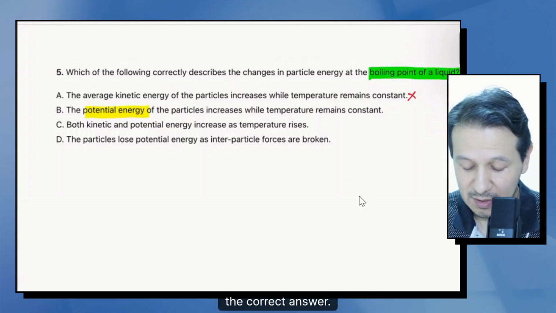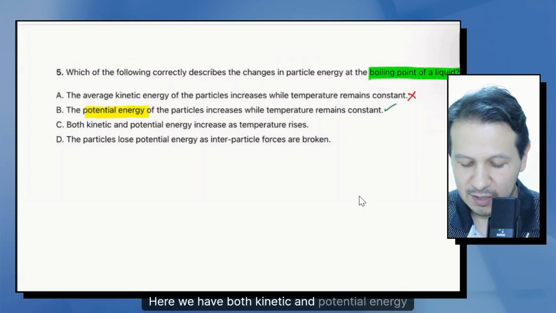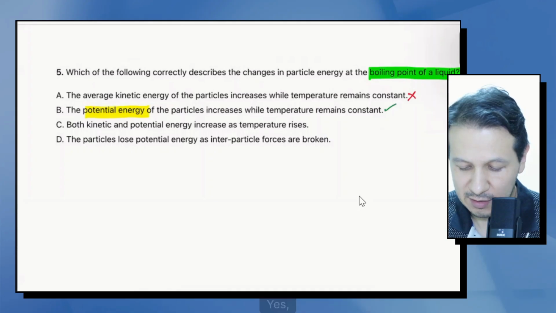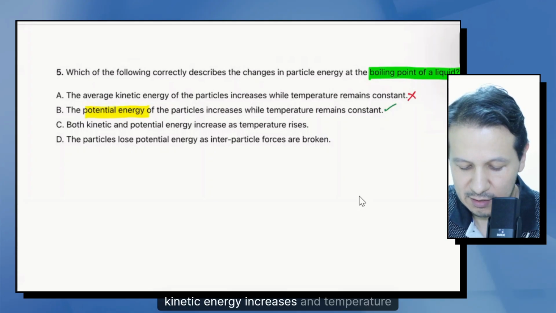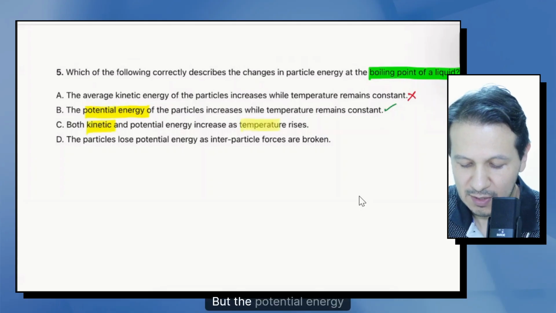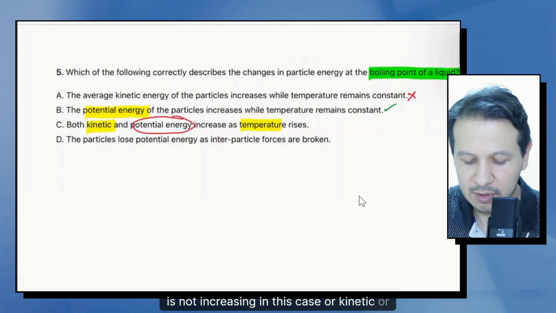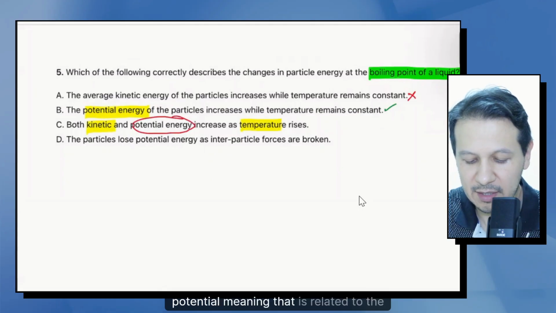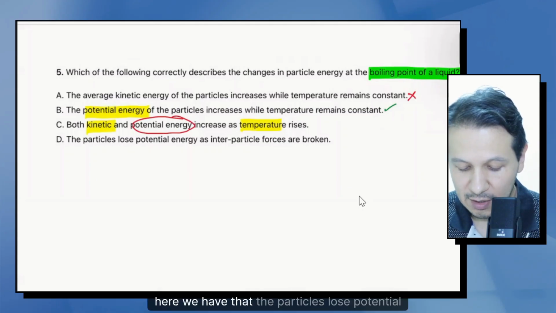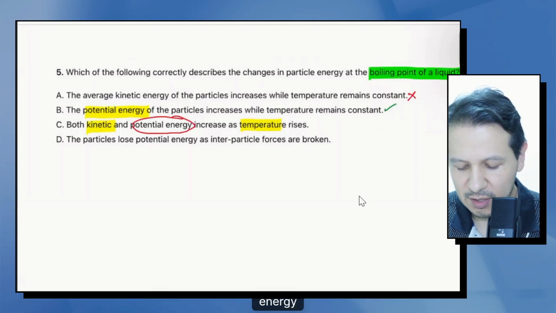Here we have both kinetic and potential energy increase as temperature increases. Yes, kinetic energy increases and temperature increases, but the potential energy is not increasing in this case. And here we have that the particles lose potential energy as interparticle forces are broken.